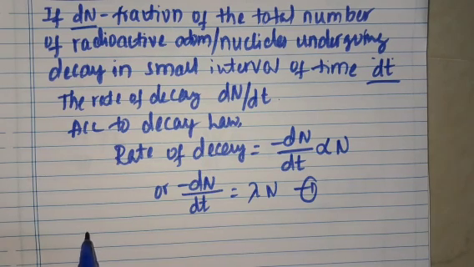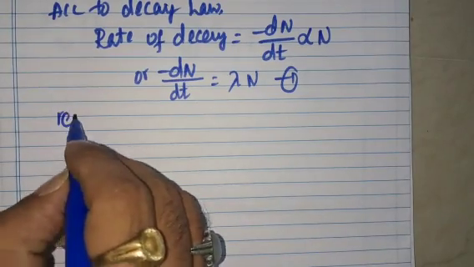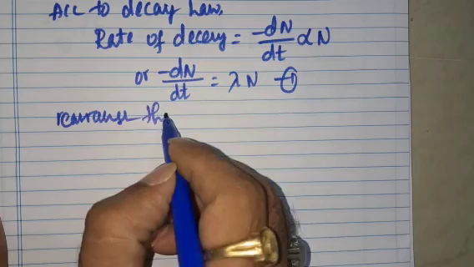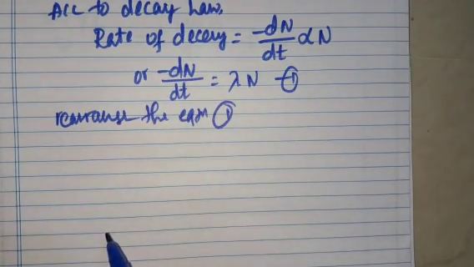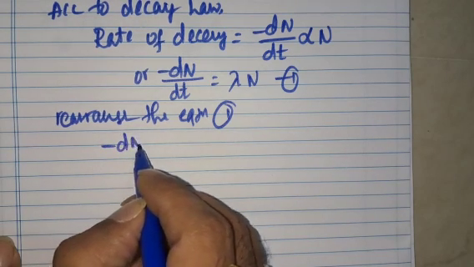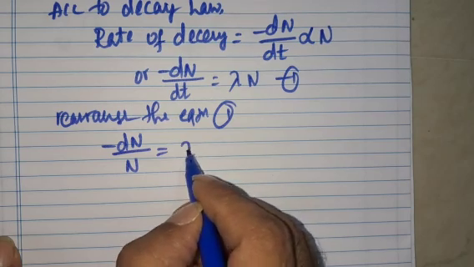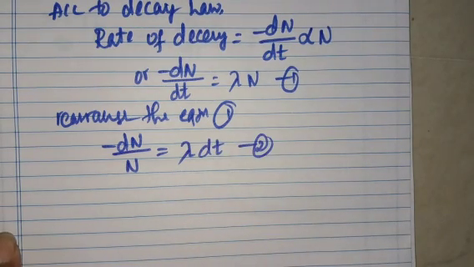If you rearrange equation 1, you will get -dN/N = λ dt. Let us call this equation number 2.